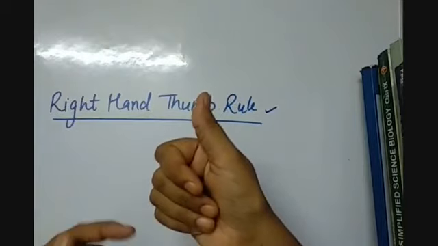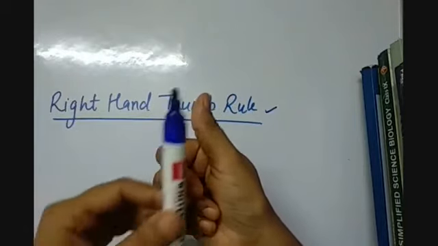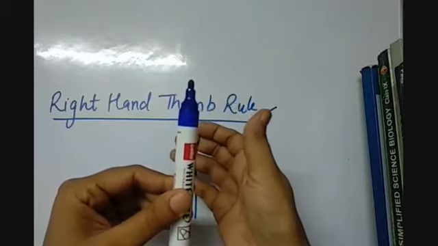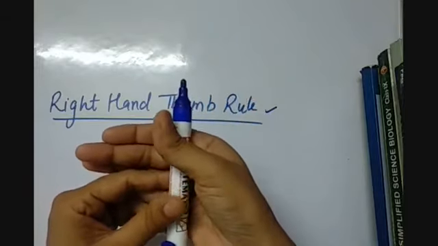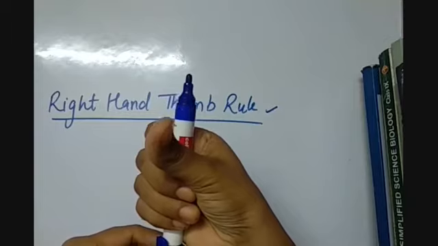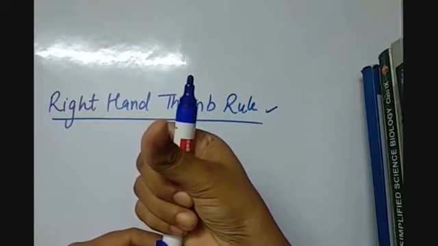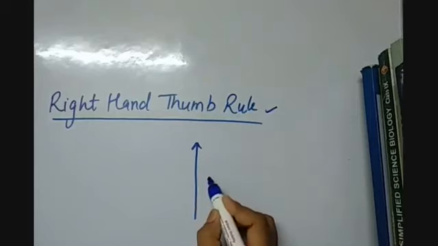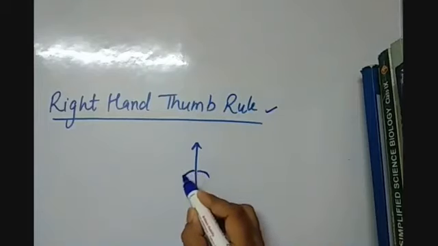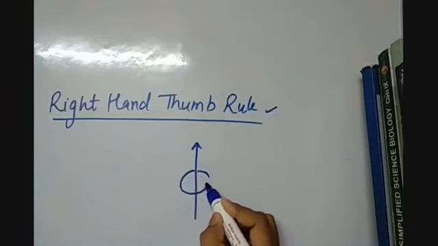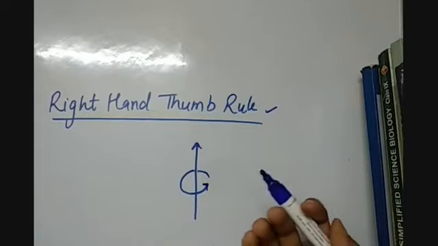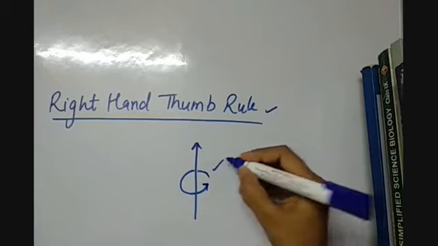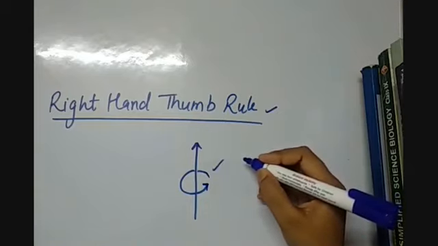So if the current is flowing in the upward direction, then my fingers, which are coming from down to upward, will give the direction of the magnetic field lines. That means the magnetic field lines will come from behind and towards the upward side of the conductor, and this will be the direction of the magnetic field.